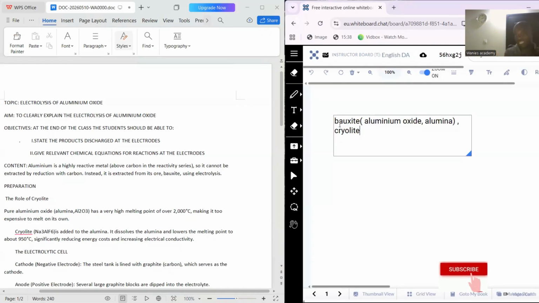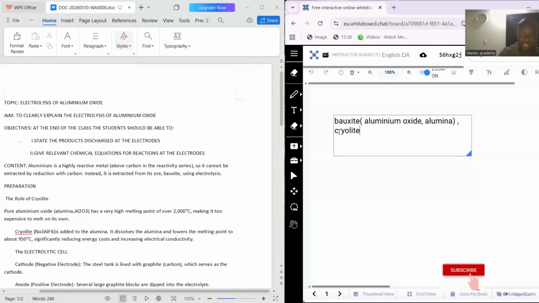Now let's look at the electrolytic cell, the setup for the electrolysis of aluminium oxide. Firstly, the negative electrode, called the cathode, is a steel tank lined with graphite. So graphite serves as the cathode, the negative electrode.